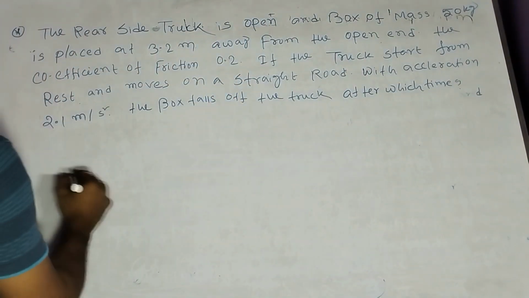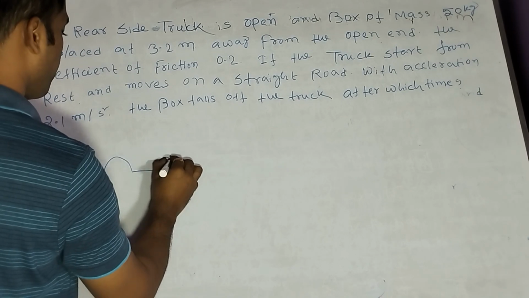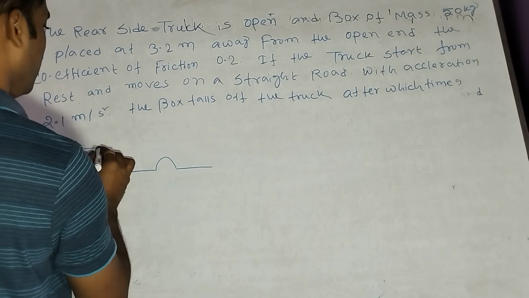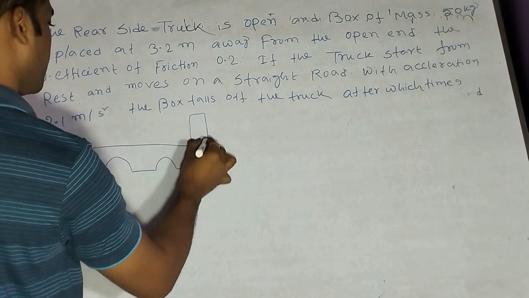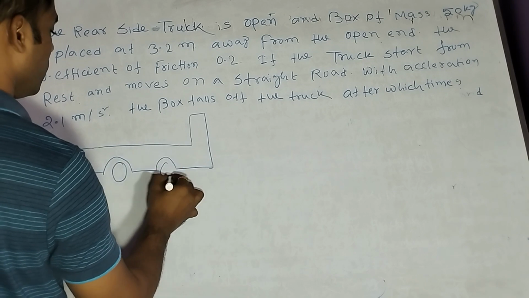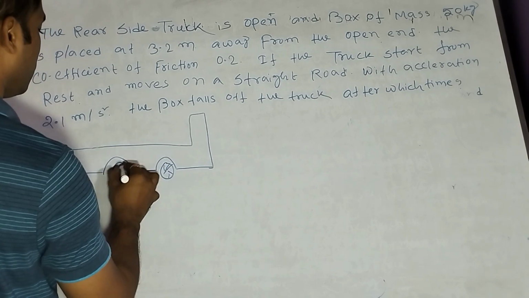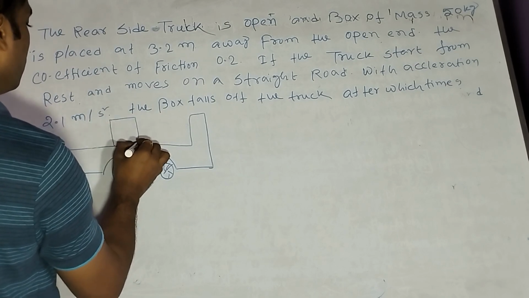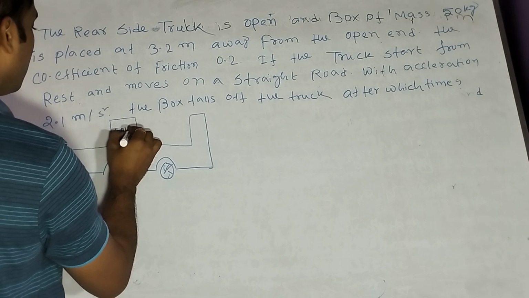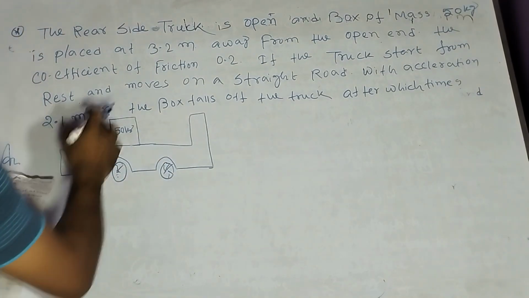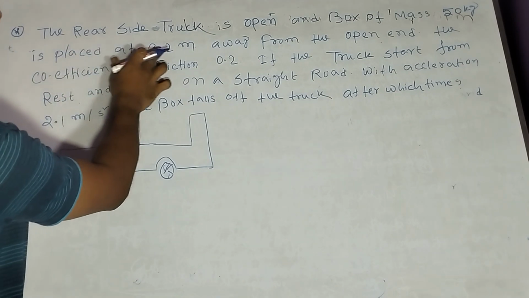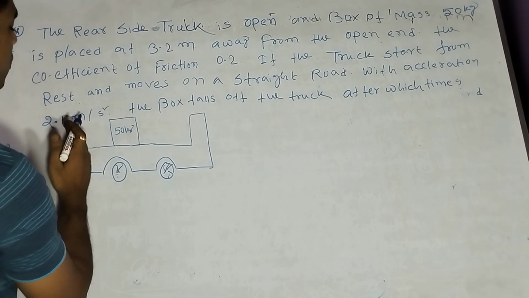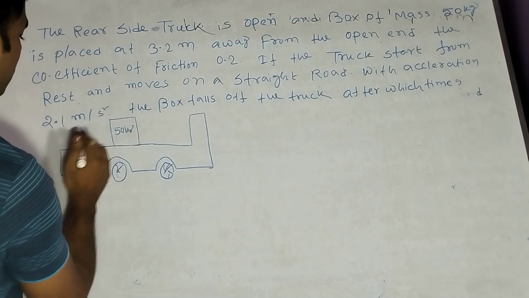What is the diagram? This is the truck. This is the opening end of the truck. The box is present, a 50 kg box, and the data is that it is placed 3.2 meter away from the open end. Away from the open end means the distance from the opening end of the truck; this is the 3.2 meter. The 50 kg box is placed 3.2 meter from the opening end.